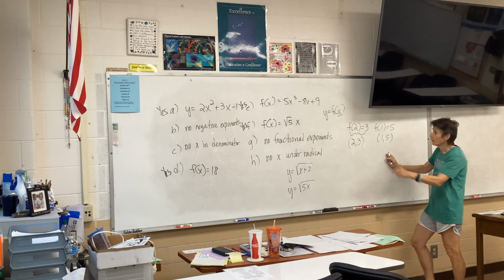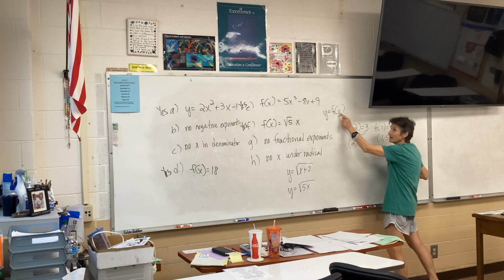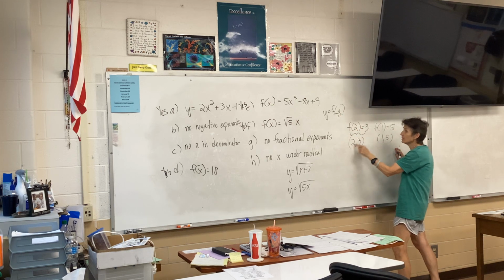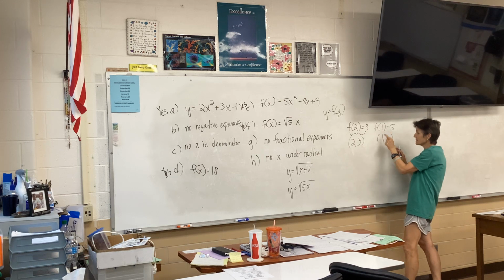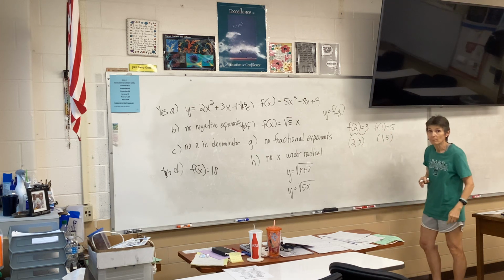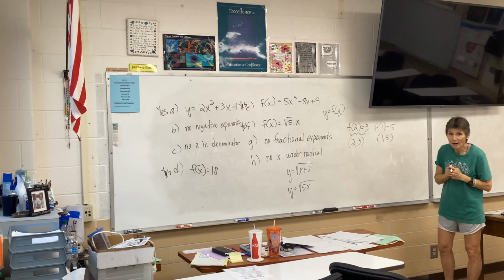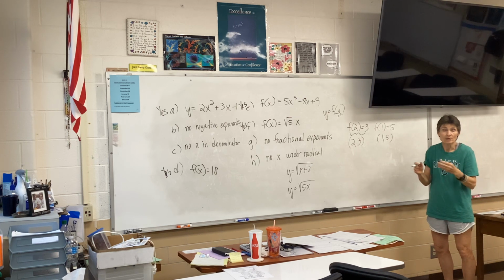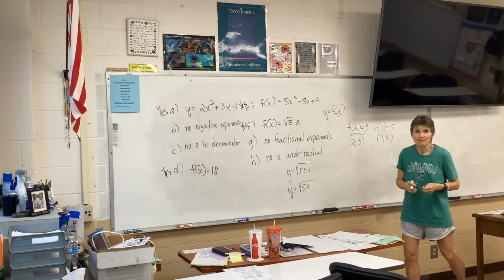Whatever is in the parentheses, f of x, f of 2, that is the x number, and that's the y number. This is the x number, and that's the y number. So we're writing the equation of a linear function. Basically, we're writing the equation of a line.